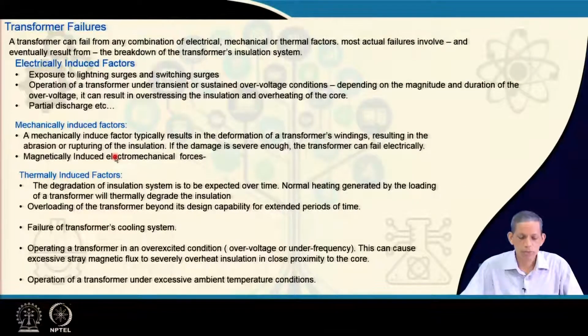Operating the transformer in overexcitation also leads to a large amount of current, magnetic flux linkage issues and core heating. Furthermore, ambient temperature is another issue from the thermal perspective.